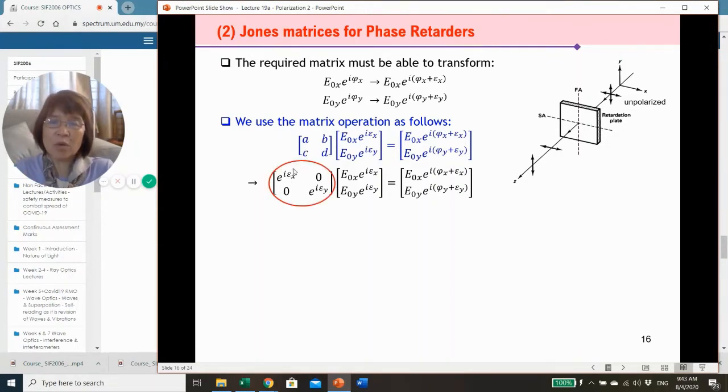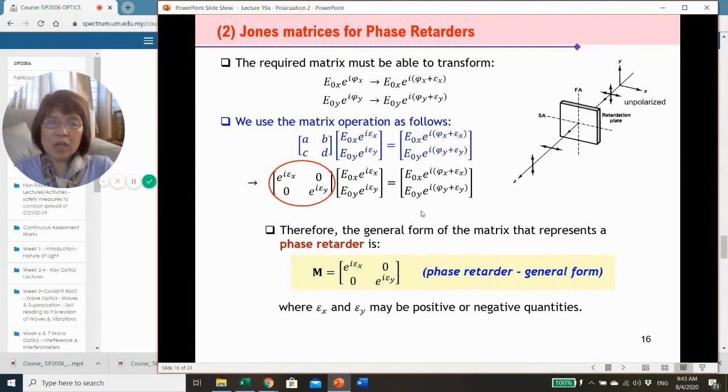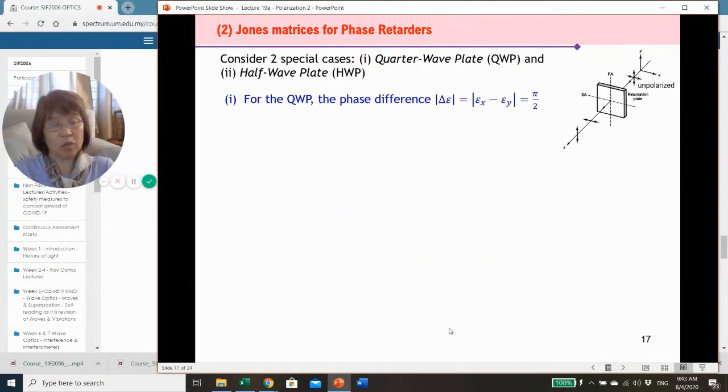A will be exponential i epsilon x, and D will be exponential i epsilon y, whereas B and C will be equal to 0. So the general form of the matrix that will represent a phase retarder is written here. This will represent a phase retarder that introduces phase of epsilon x and epsilon y. These may take negative or positive values.